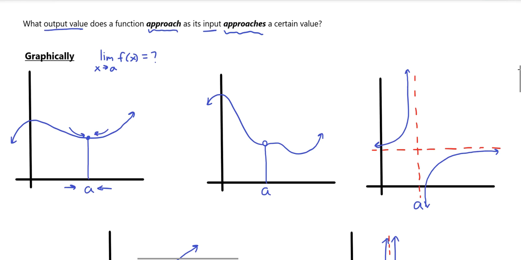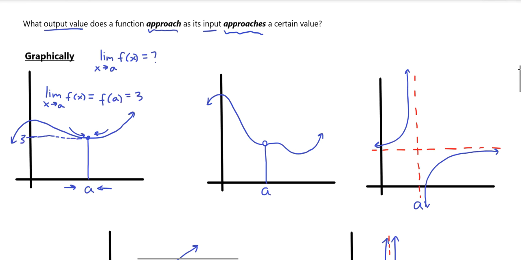So in this case, the limit as x approaches a of f of x is just going to be the function value at that point, because as x goes towards this value, the function is just going to approach whatever value it outputs at x equals a. So this is going to equal f of a. So let's say if this was at like 3, for example, this would be 3.